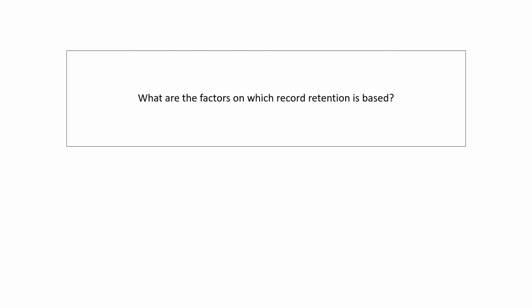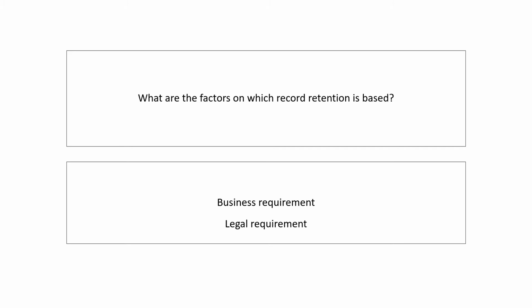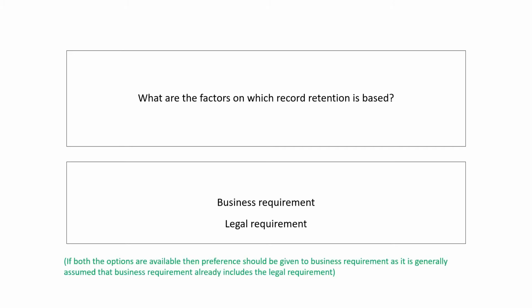Your answer should be business requirement and legal requirement. In a rare case, you may get both options in the exam. In such a case, you need to give preference to the business requirement, as it is generally assumed that business requirement already includes the legal aspect.